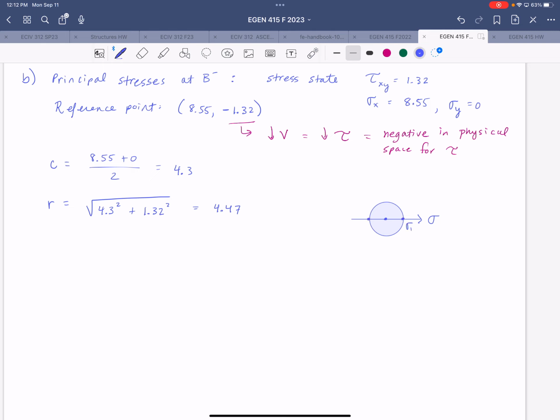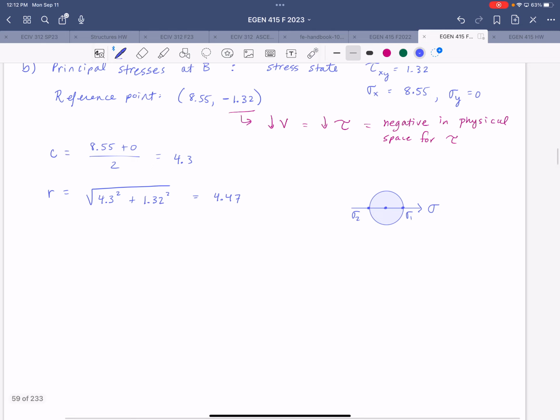Here are the principal stresses that we're after. Our reference point would be somewhere here, right? 8.55, negative 1.32.